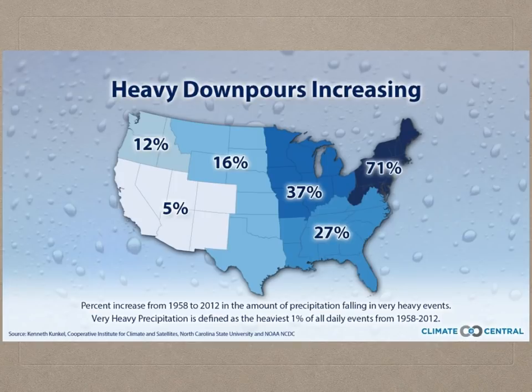You can see that in the New England area, there's a 71% increase in heavy downpours versus 27% increase in the U.S. Southeast and 37% in the Midwest. There's very little increase in downpours in the Southwest because the rainfall is minimal there to begin with.